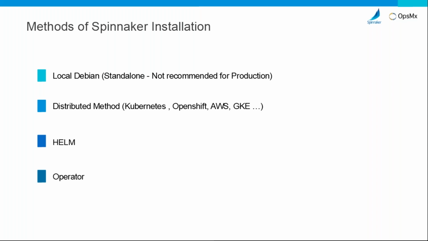Distributed Spinnaker is nothing but the high availability Spinnaker, which is production compatible. If you have a multi-noded cluster and you want to deploy it in your environments like Kubernetes, OpenShift, AWS, EKS, GKE, any platform. Once you start the installation of a distributed Spinnaker, it makes it easy for you.